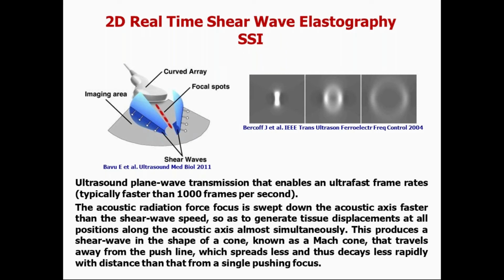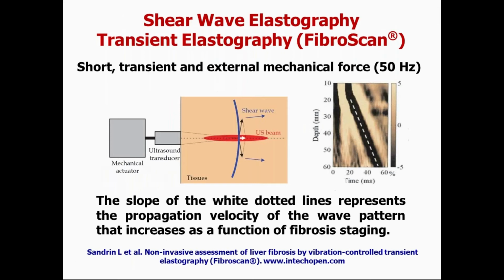The focus is simultaneously obtained in several points, and the shear waves also propagate together, and in this way it is possible to obtain a cone that decays less rapidly with distance with respect to a single pushing focus.